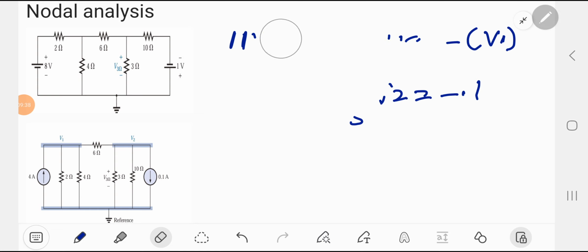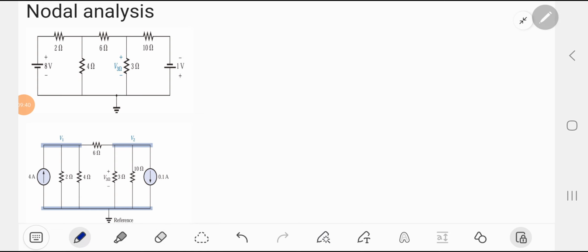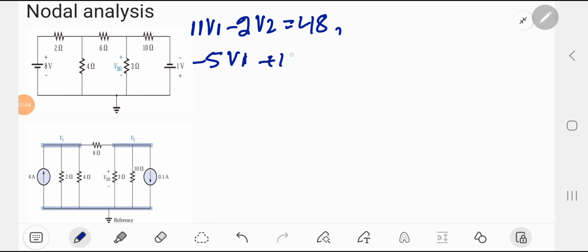So let's write both equations. The equation for node V1 is this, and the equation for node V2 is this. Now this is for node V1, this is for node V2.